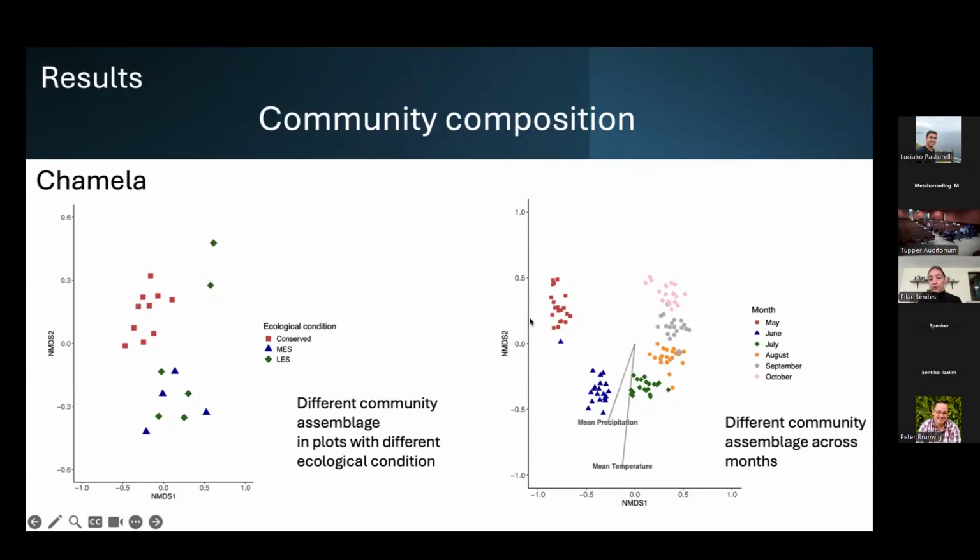And we also look at how these community assemblages behave across month. And what we see is that they aggregate by month, and there's a considerable change across month, and that the months with higher rain and temperature, which are June, July, and August, tend to aggregate apart from the others.